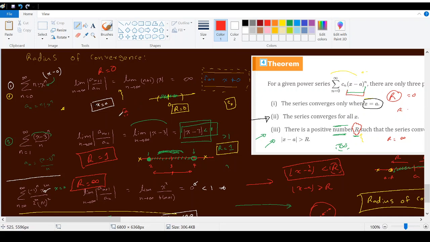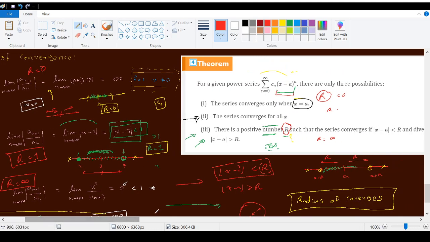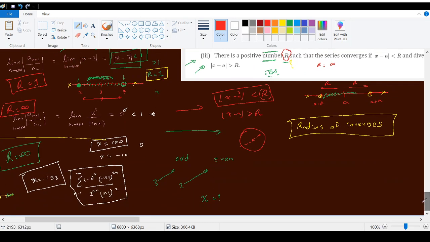If it is a finite number, you should measure it to both sides, and if it is infinity, you will get the full real number set. So within this interval, if you choose x values, then that particular series will converge, and outside that region it will diverge. In the next videos we will see how we are going to calculate this radius of convergence.